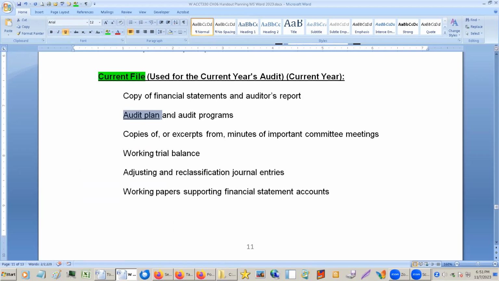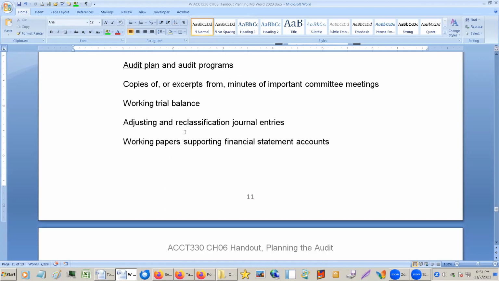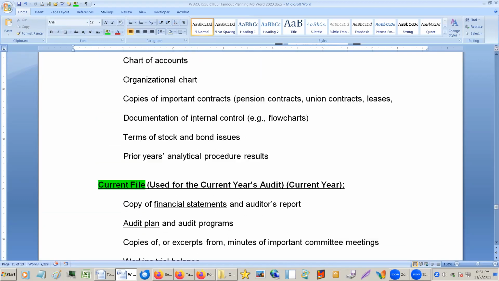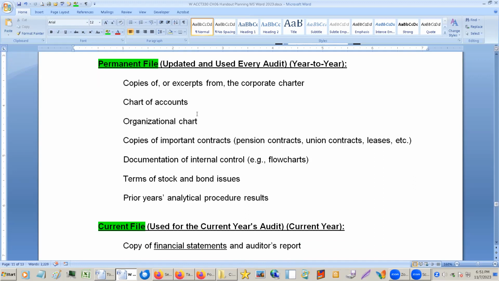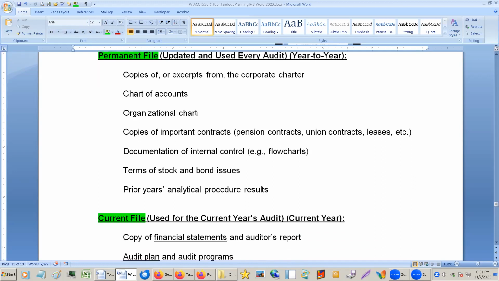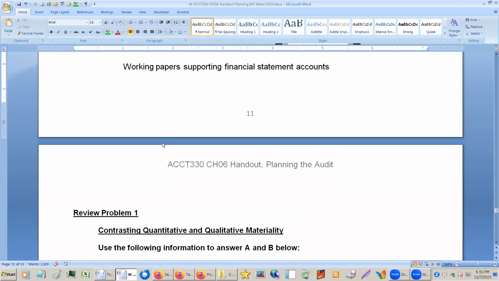That's going to be a copy of the financial statements that they gave you for this year. Minutes of important meetings are just the notes, and so on and so forth. So there's a permanent file that goes from year to year, and it's usually for big stuff that doesn't change too much. And the current file is the stuff that's for the current year.